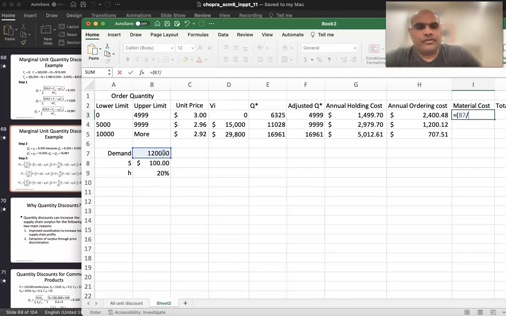These formulas are slightly different from what you know before, but we can discuss that in 1 second. D over Q. D should be an absolute reference.